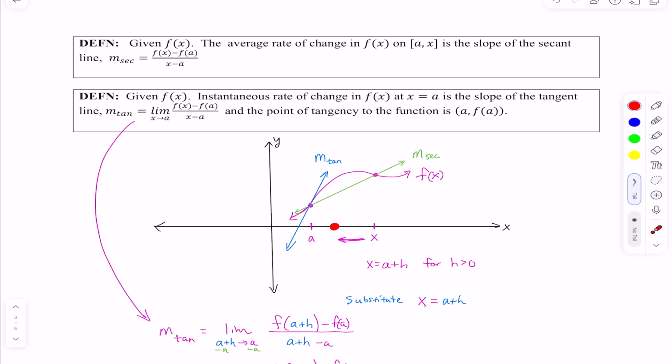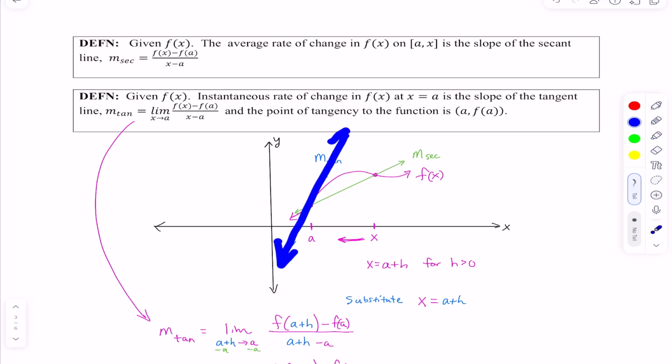What if you get closer to a? Then the output is here, and you could draw another secant line. As you get closer and closer to a, you'll get lots of slopes of secant lines. And ultimately, when you finally reach a, what do you get? Well, this process is called a limit, and you actually get a tangent line.